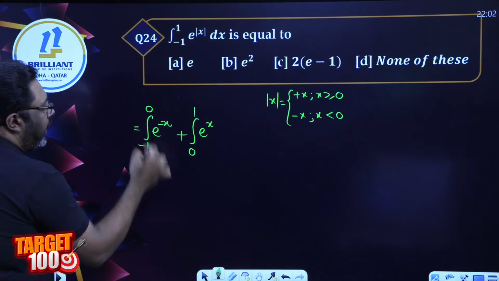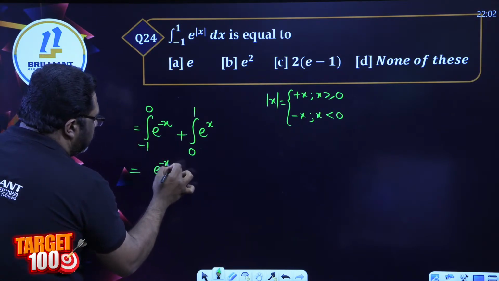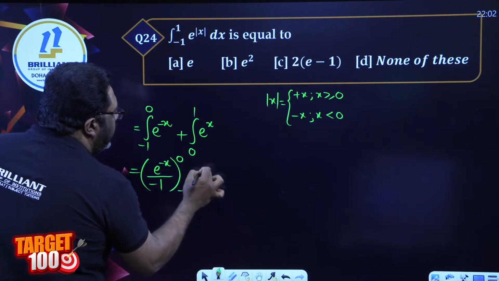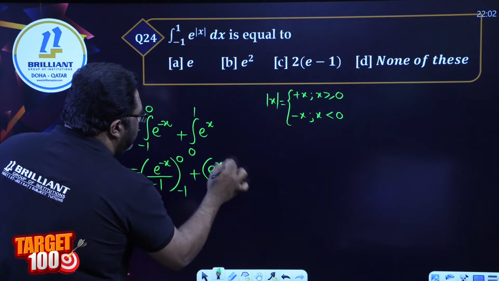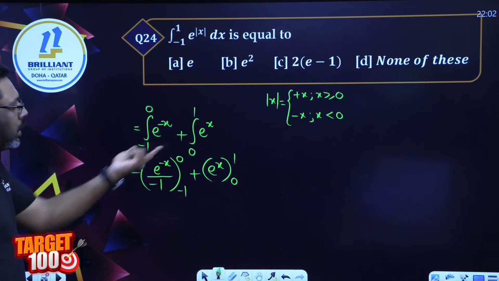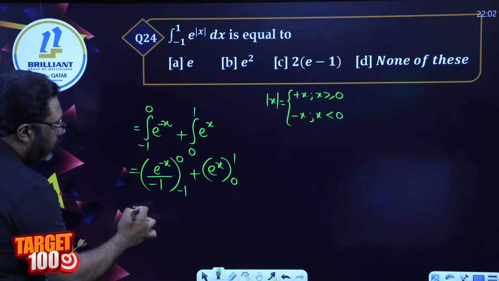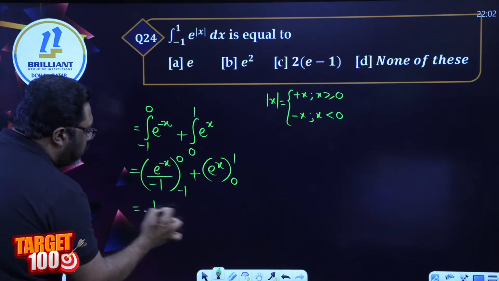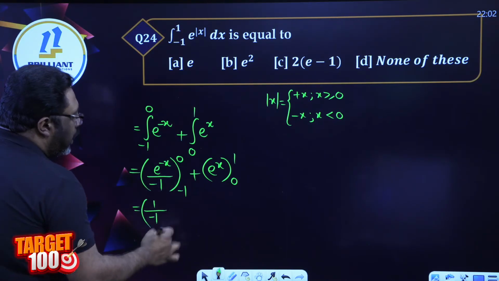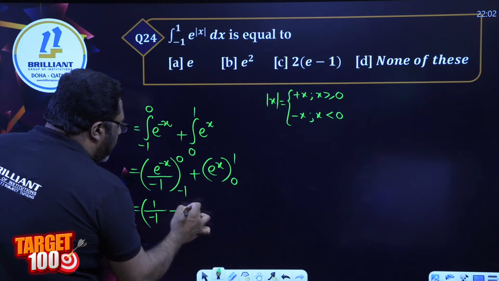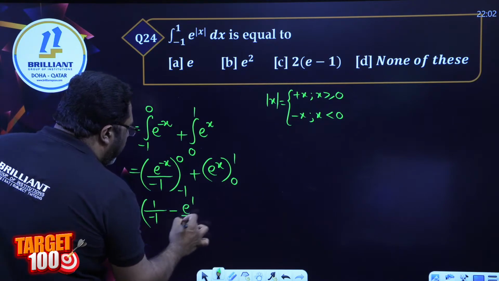What is the integral of e raised to minus x? e raised to minus x by minus 1. And what is the integral of e raised to x? e raised to x. Apply 0. e raised to 0 is 1 by minus 1. Apply minus 1. e raised to 1 by minus 1.